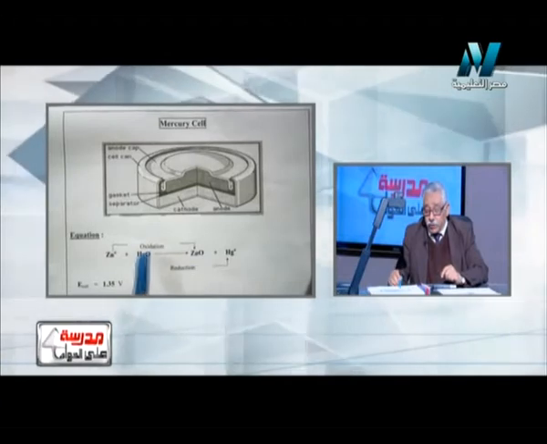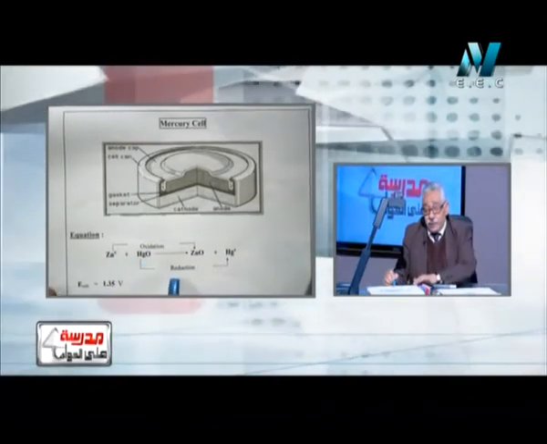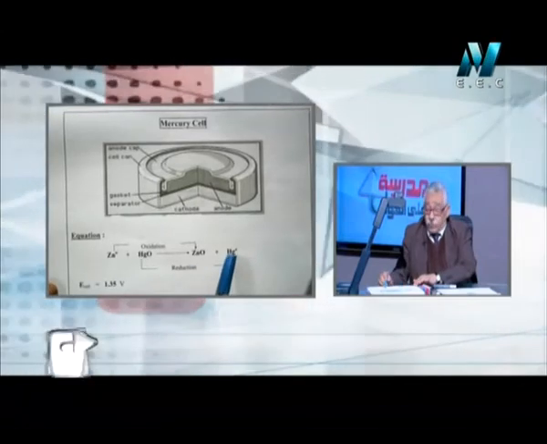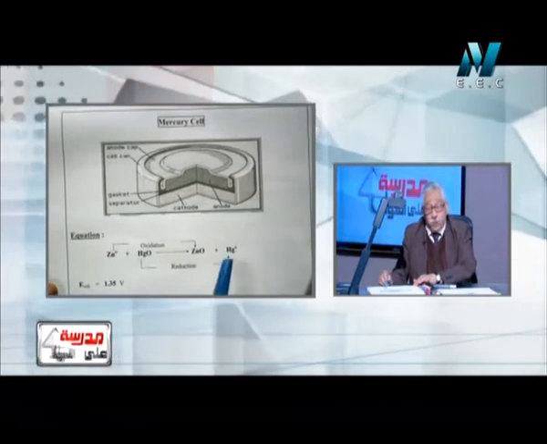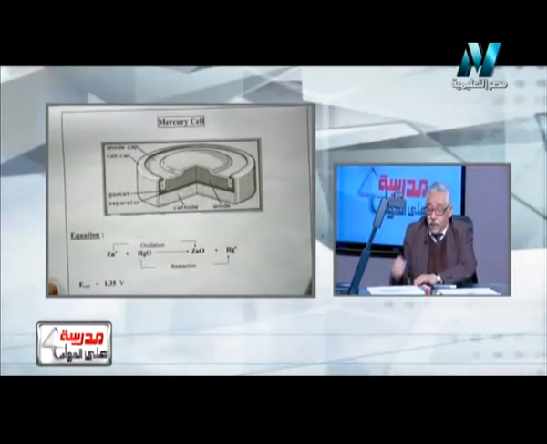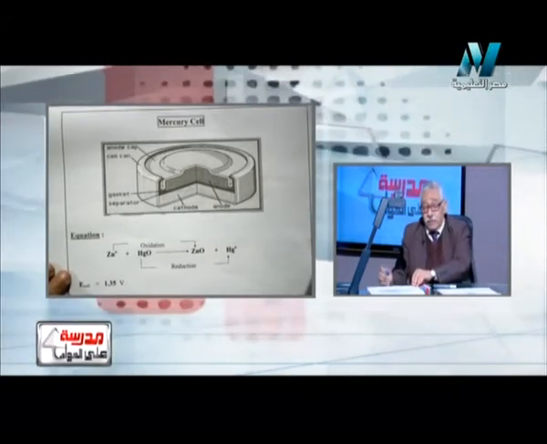So oxidation occurs to the zinc, while HgO is reduced: Hg positive 2 is reduced to Hg0. This is the reduction. And the EMF of the cell equals 1.35 volts. This is about the mercury cell.